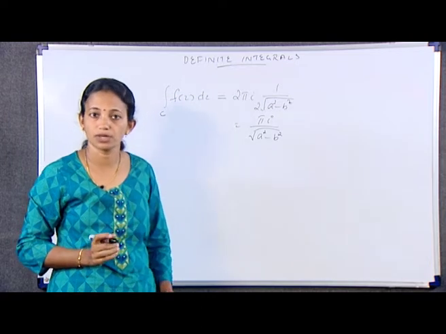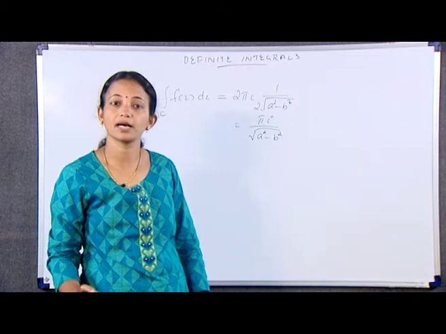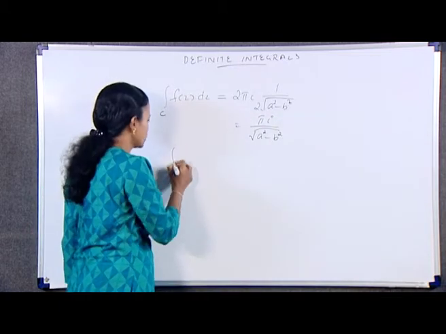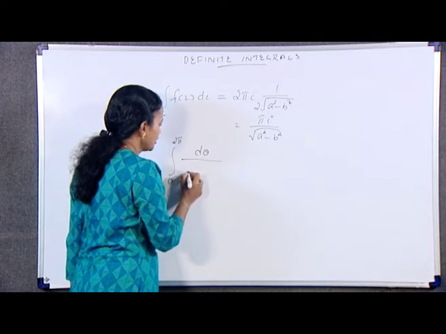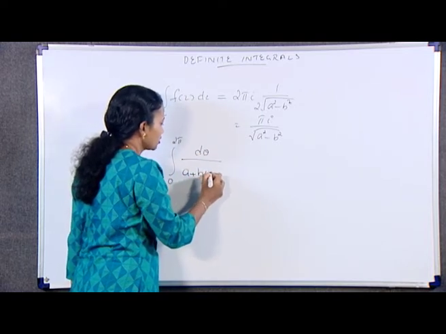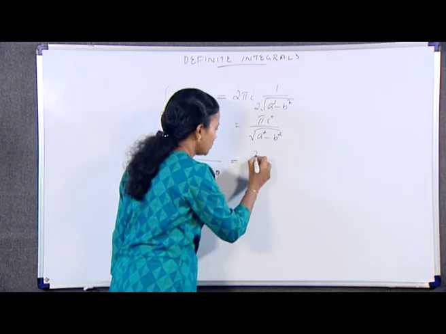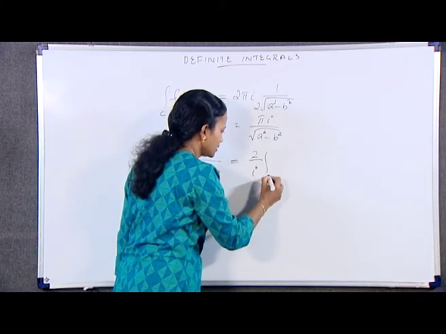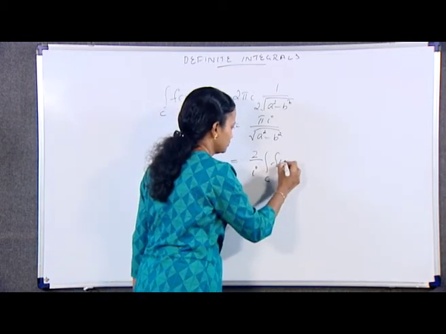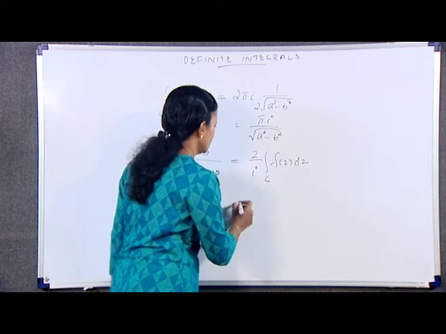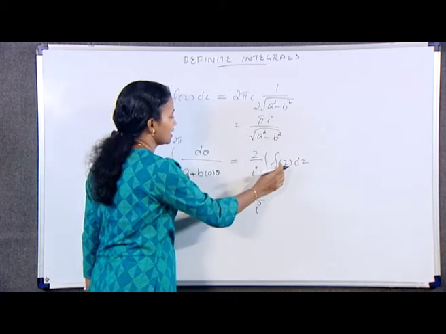Hence, from equation number 2, that integral 0 to 2 pi d theta by a plus b cos theta, that is our question, is equal to 2 by i integral over c of f(z) dz.